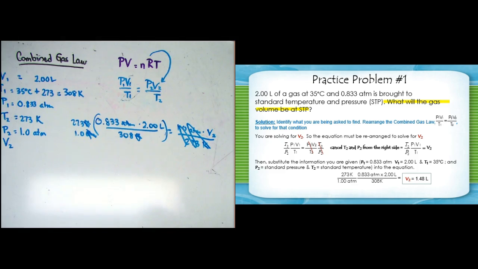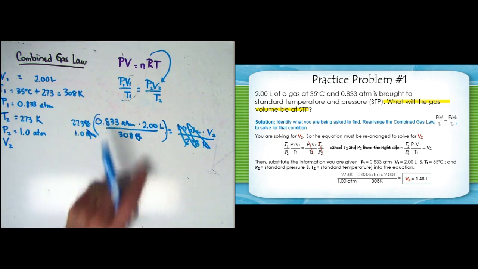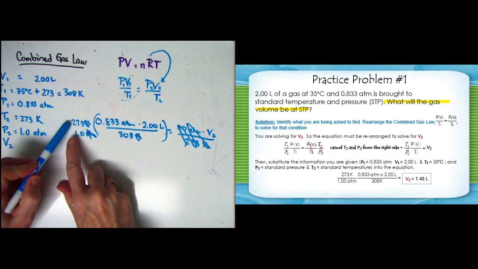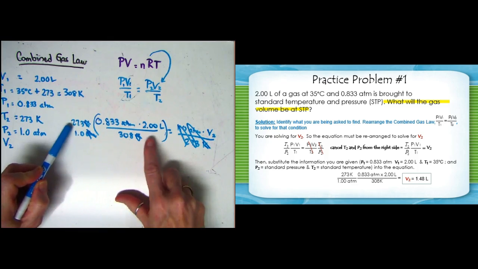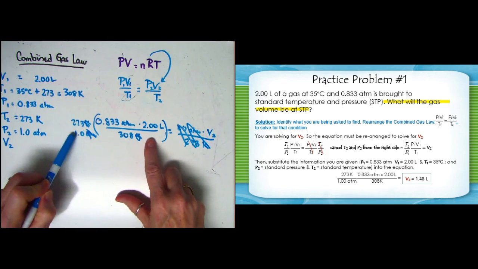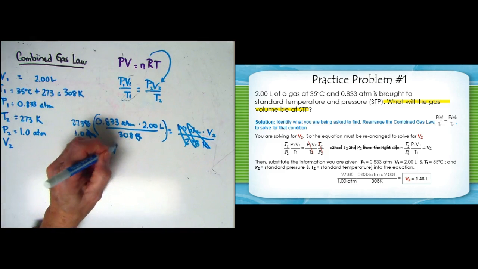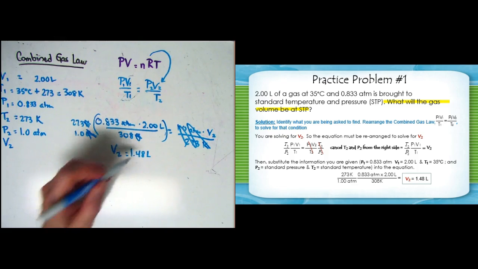I don't even know that I would take the time to do that. I would just multiply, divide, equal. But that's who I am, so this is just basically doing the math. I know it's messy, but now you have math to do. 273 times 0.833 times 2 divided by 1 divided by 308, and you're going to get volume 2 is equal to 1.48 liters.